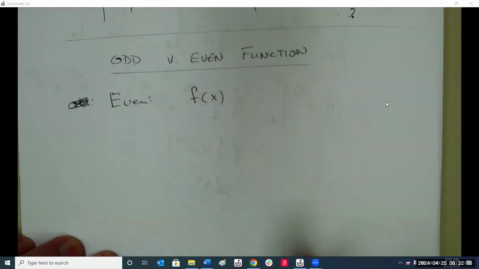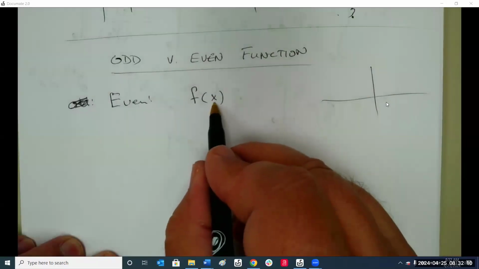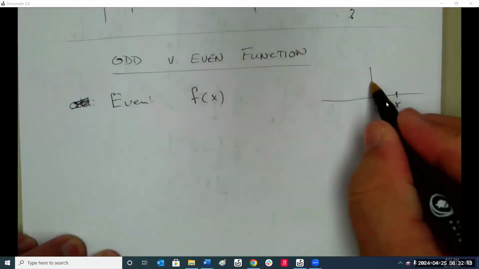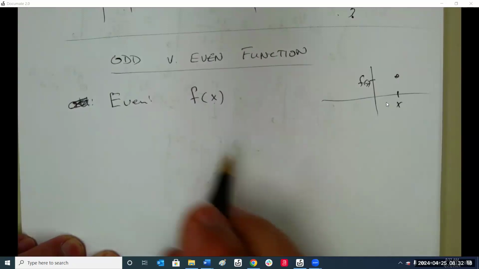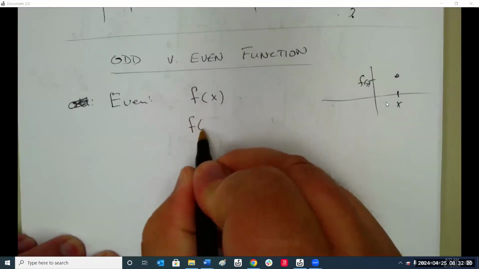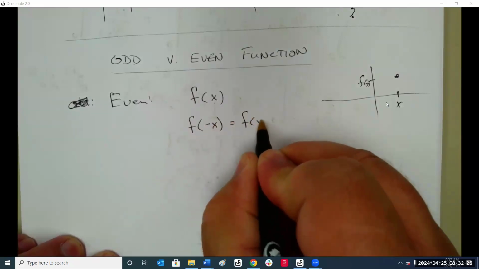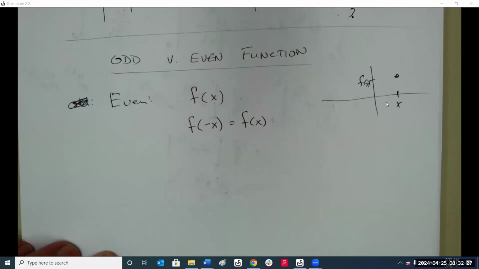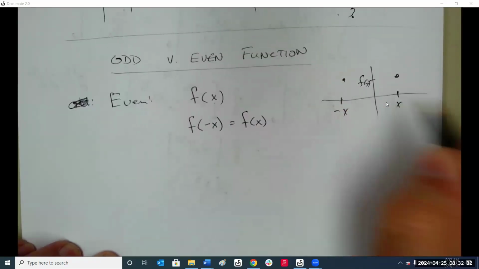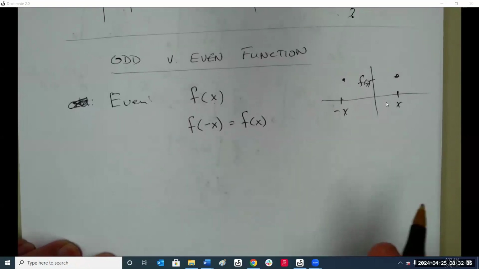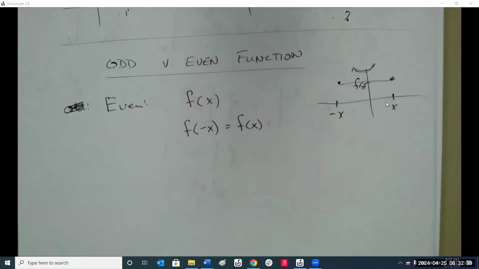So if I graph this one when x is positive, y is gonna be positive. An even function is if I change the x to a negative x and it still gives me the same value. That's an even function. Even functions are symmetric about the y-axis.